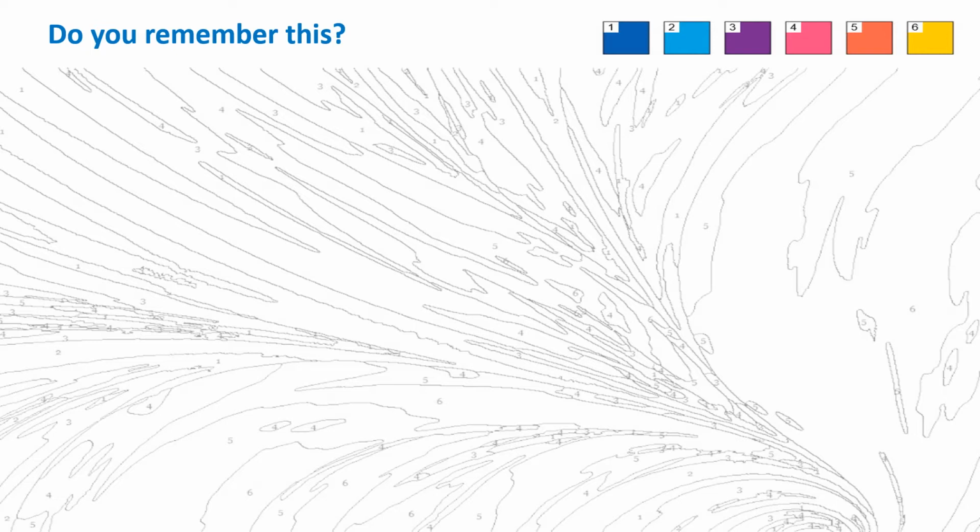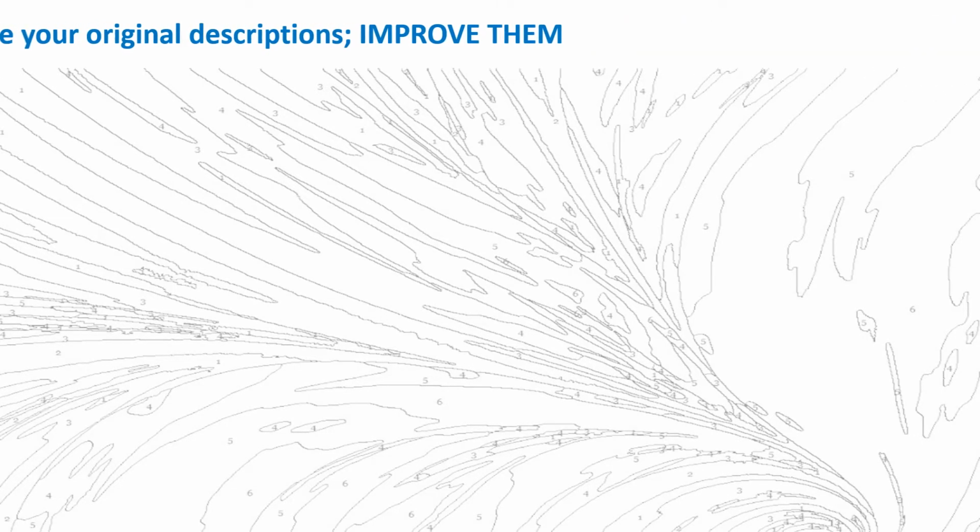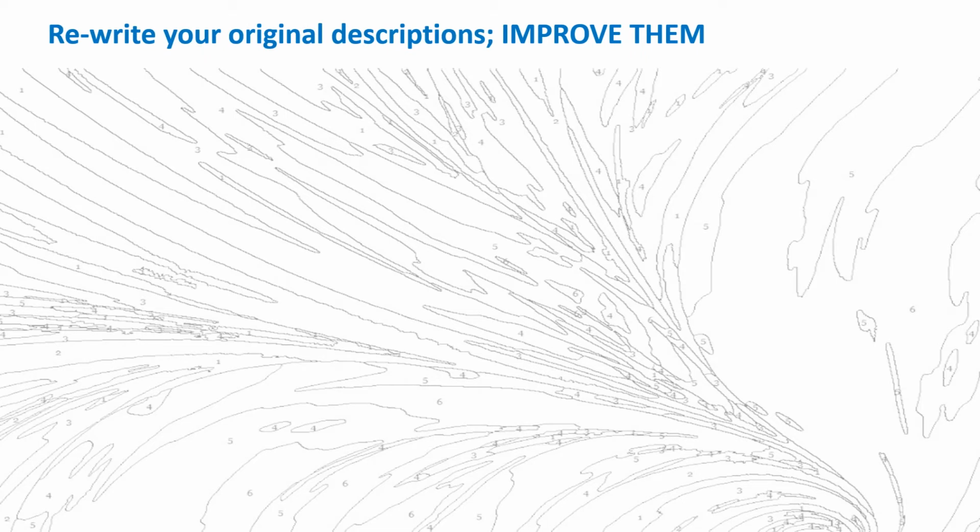What we need to do is look at our original sentences. So this will be one of the first things in your notebooks from this year. It's the second lesson we ever did. Have a look at the sentences that you wrote and then rewrite those sentences and improve them with what we learned yesterday.